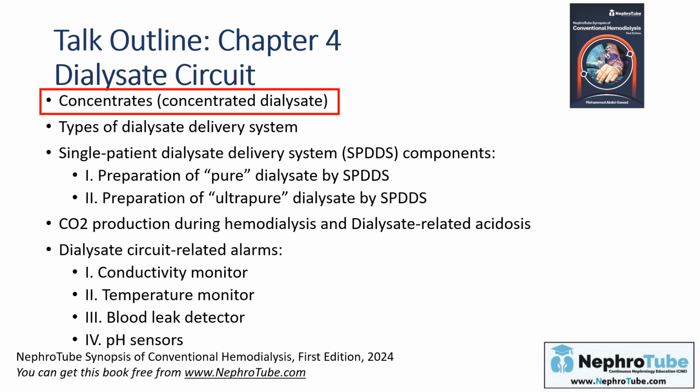That's why the dialysate is formed in a concentrated form. This concentrated form is easily transported, and it will be used by the machine. The machine will mix this concentrated dialysate with the pure water to form the final diluted dialysate.